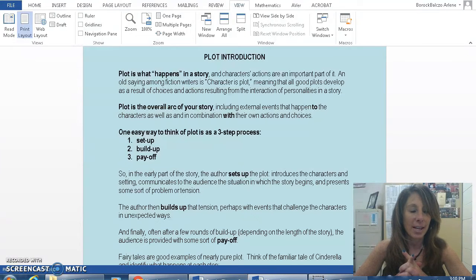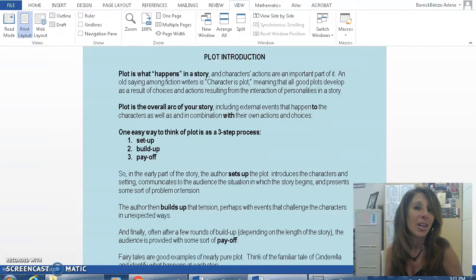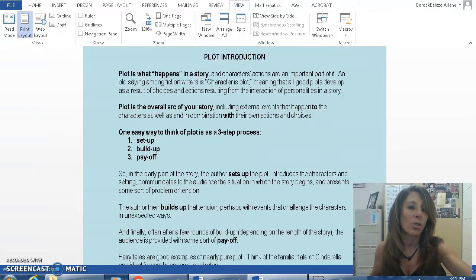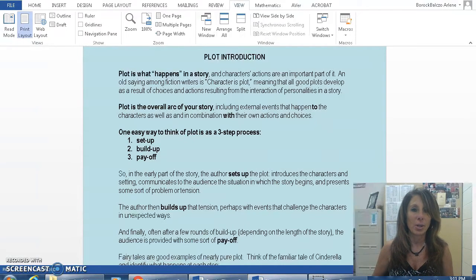An old saying among fiction writers is that character is plot, meaning that all good plots develop as a result of choices and actions resulting from the interaction of personalities in a story. So how the characters interact with each other as well as choices that the character makes. So plot's the overall arc of our story, including external events that happen to the characters as well as, and in combination with, their own actions and choices.